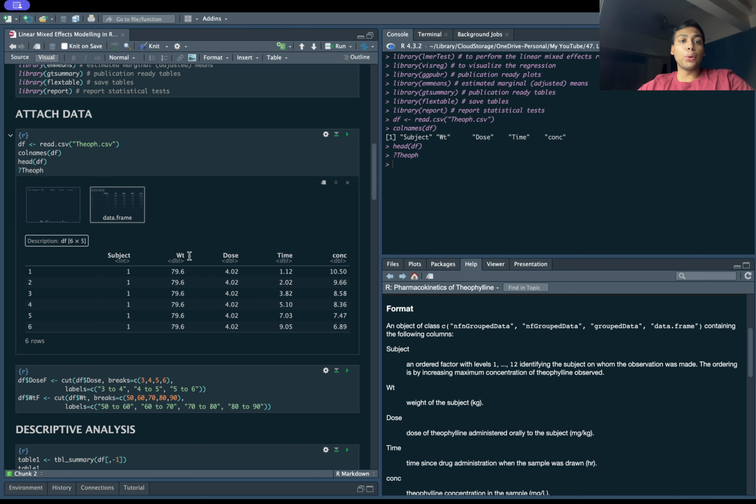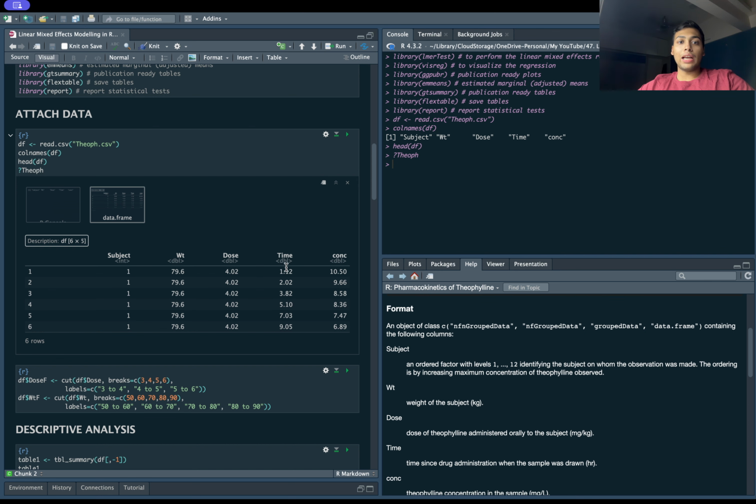Weight is the body weight of that subject. Dose is the dose of theophylline, which is a drug that has been given in milligrams per kg body weight, and Time is the time that has elapsed, and conc is the concentration of theophylline in the blood.